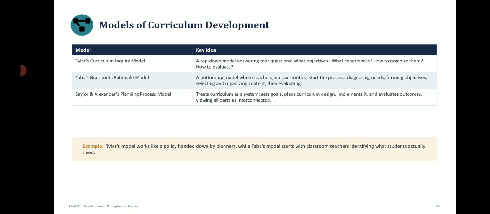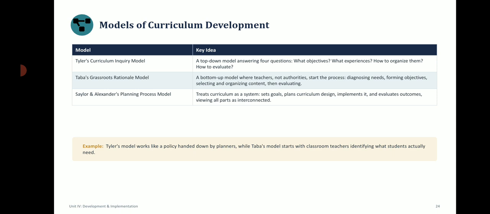What is the objective, what experience, how to organize, how to evaluate, that is a top down model answering the 4 questions. This is what Taylor's model is all about.